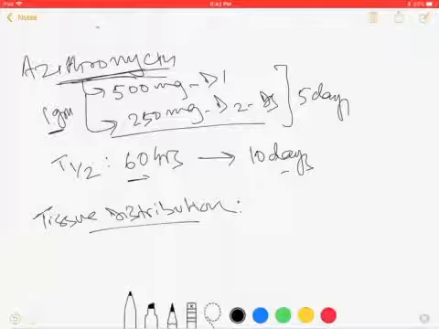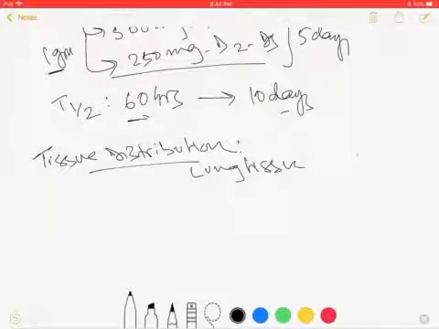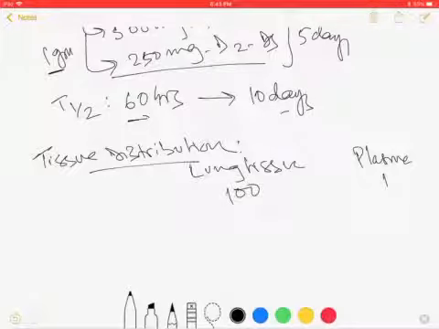So they looked at the tissue distribution of azithromycin. It is well distributed throughout the body, but they found that azithromycin particularly has a very high concentration in lung tissue. In lung, compared to plasma, there is almost 100-fold more concentration.